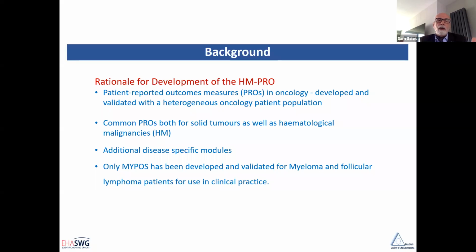These measures, of course, were used in clinical trials of both drugs for hematological malignancies, blood cancer, as well as other types of cancers. Then, as Madeline explained, there were separate modules developed in order to make them representative of particular blood cancers.